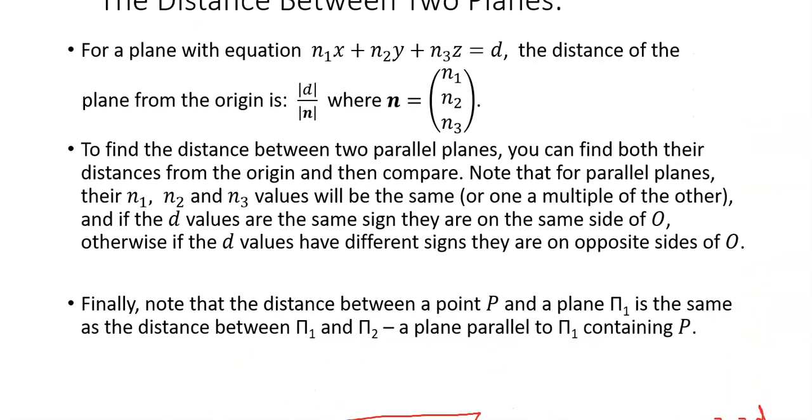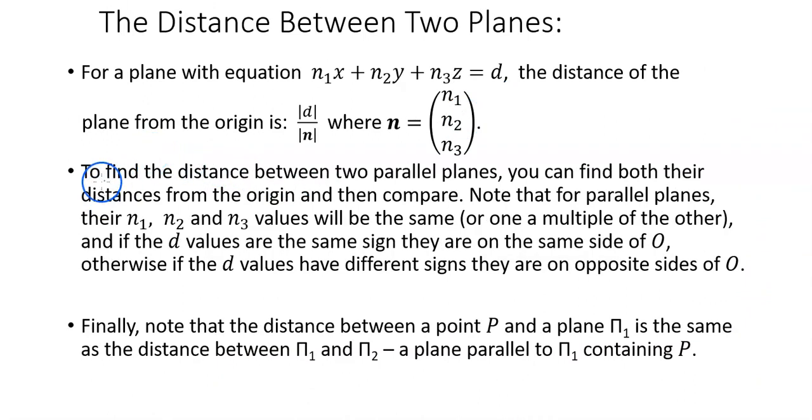Let's continue reading. So, to find the distance between two parallel planes, you can find both of their distances from the origin and then compare. Note that for two parallel planes, their n1, n2, and n3 values will be the same because they have the same normal vector.